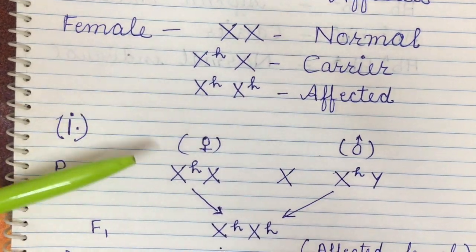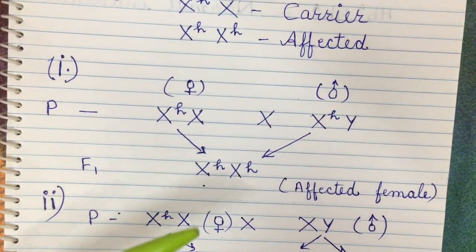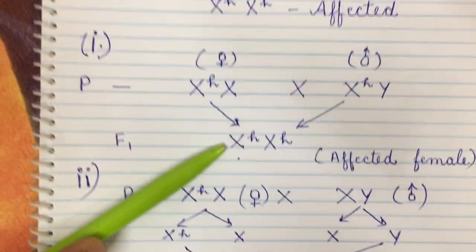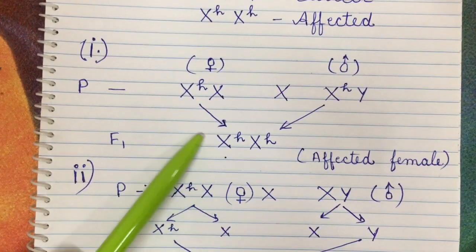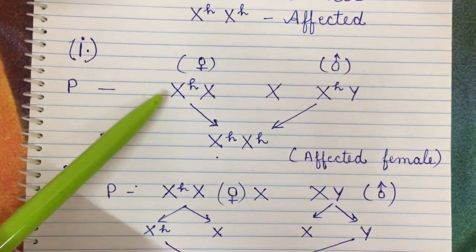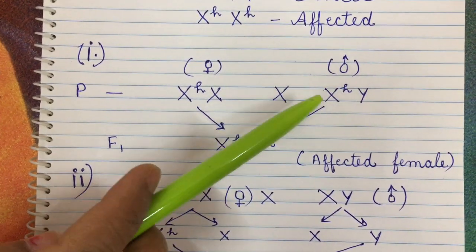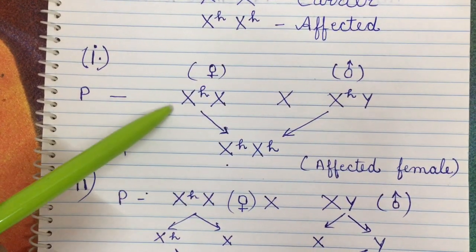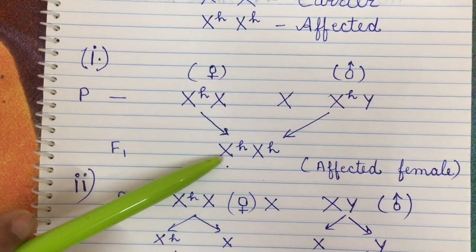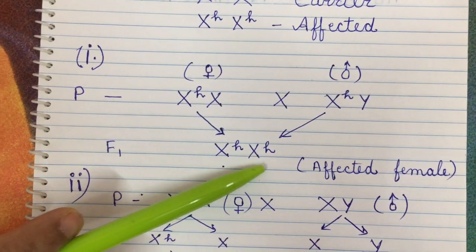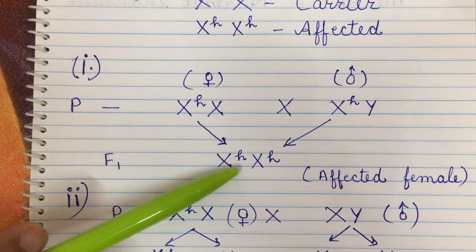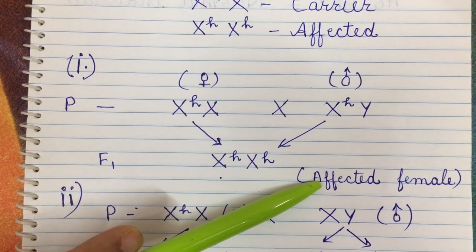Now this is a cross. The female will be affected only when the mother is a carrier and the father is hemophilic. Then the F1 offspring could be an affected female.